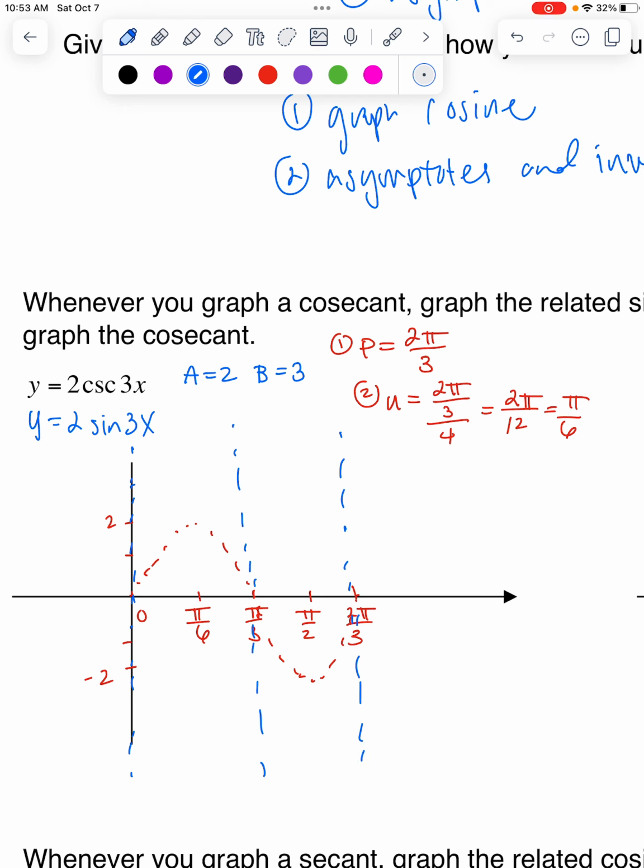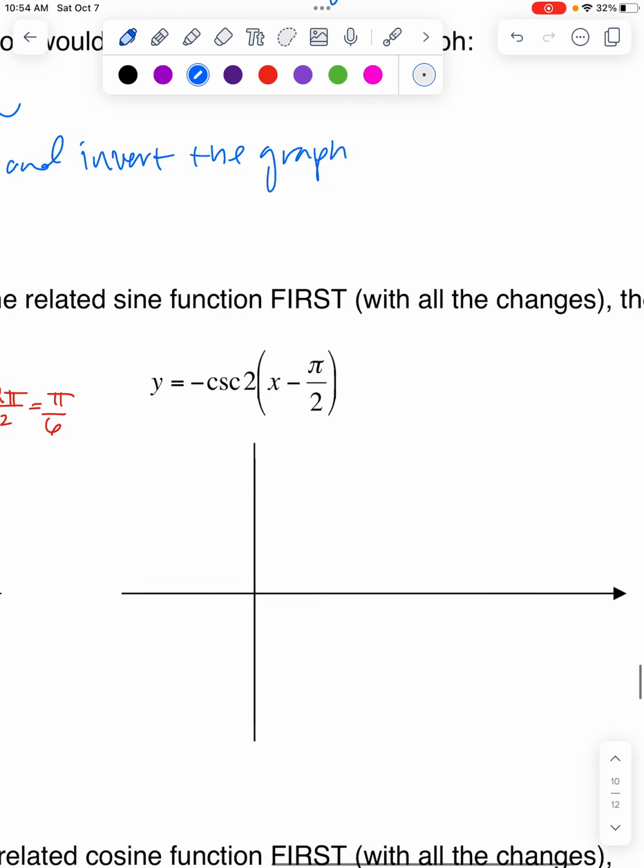And then go ahead and graph your inverted graph. So there is my graph for y is equal to 2 cosecant of 3x. Cool, let's move on to the next one.